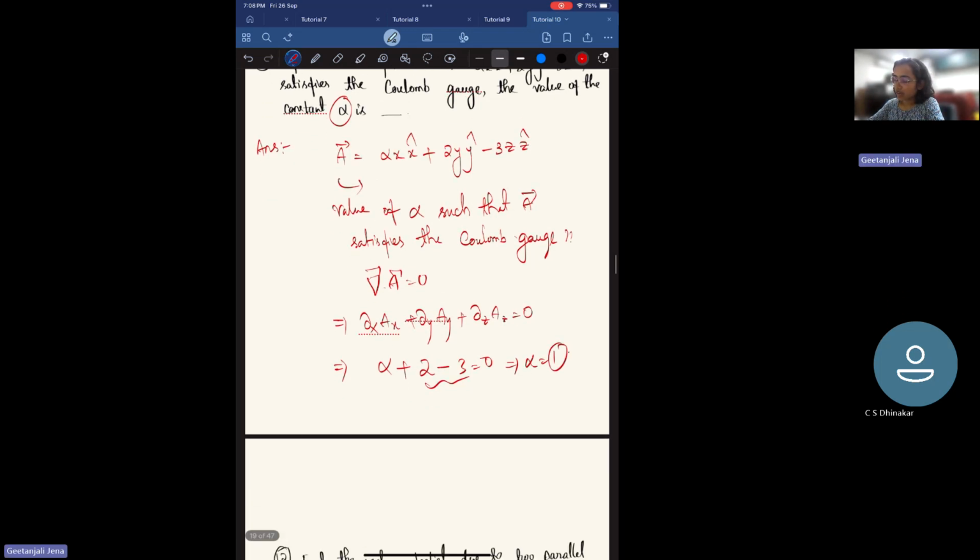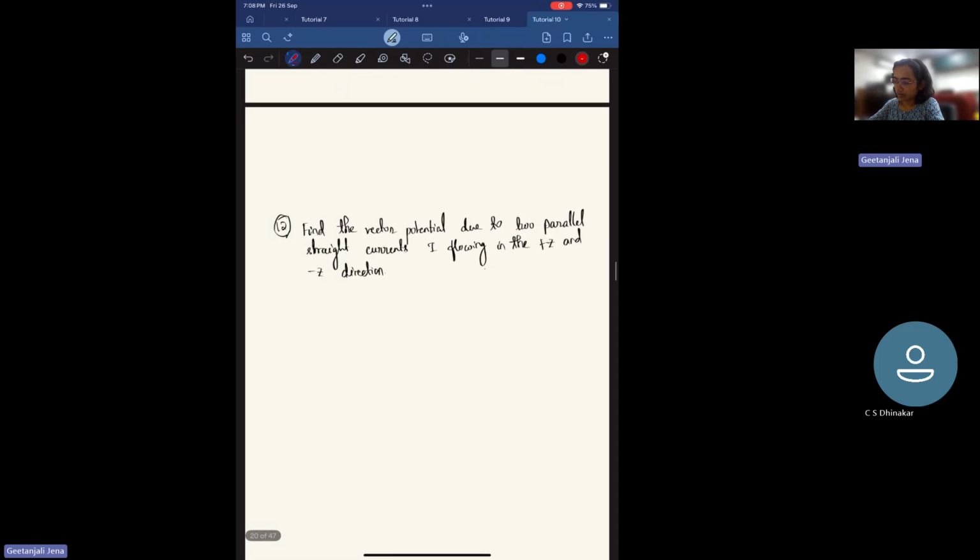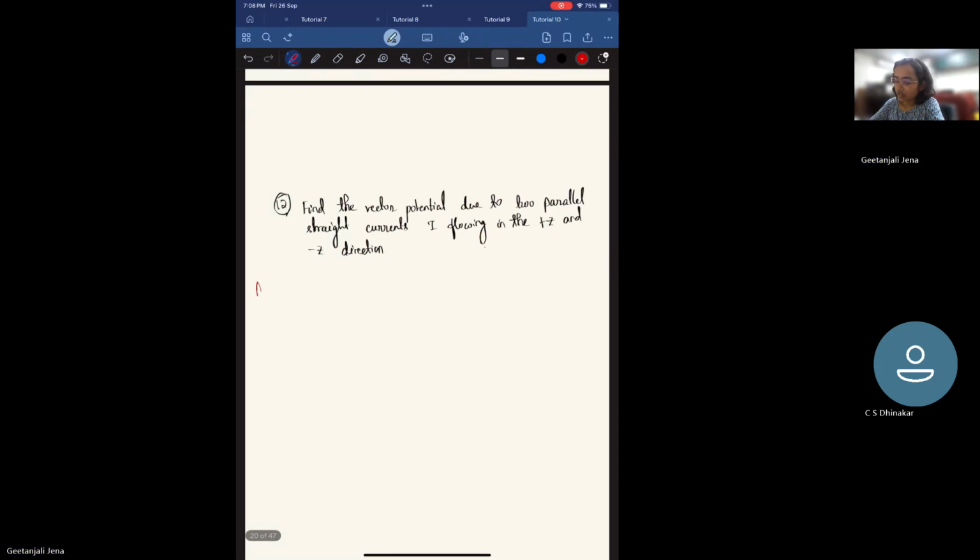Okay, so let us see our next problem. Let us solve it. You need to find out the vector potential due to two parallel straight currents I flowing in the plus z and minus z direction. So there are two wires carrying current in opposite directions. You need to find the vector potential for this.